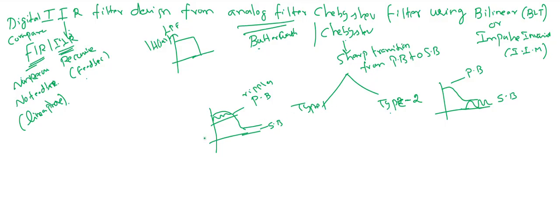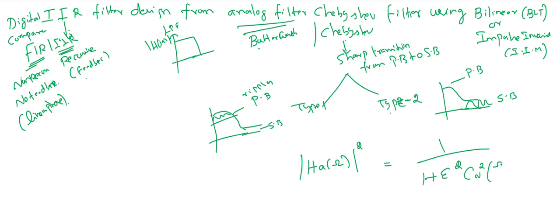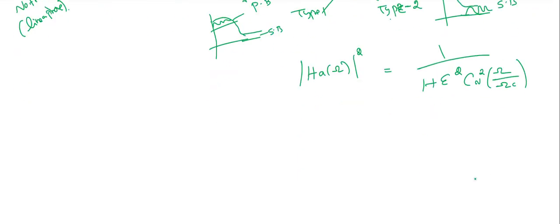And we have discussed the magnitude response, the magnitude square response also. So the magnitude square response is equal to 1 by 1 plus epsilon squared Cn squared of omega by omega c. So the epsilon is a ripple factor, you can say it's an attenuation constant.